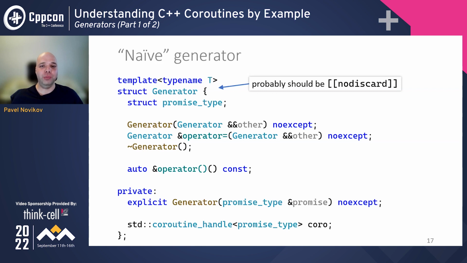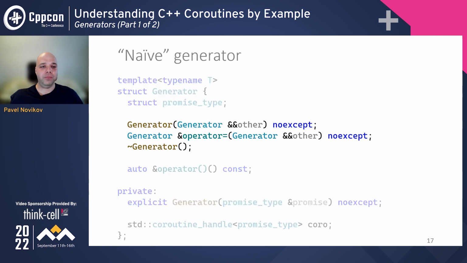And here we have kind of boring, default stuff that makes our type movable and move assignable. And because we defined move constructor and move assignment, we have to define a destructor to properly conduct all the operations that we need to conduct in these cases.